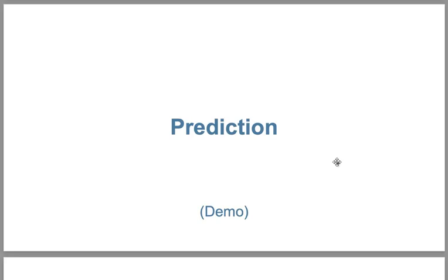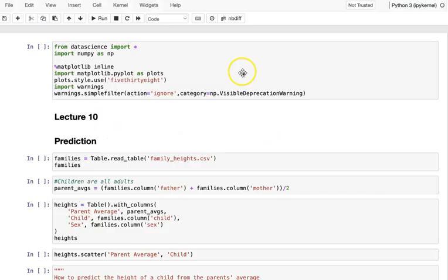And finally, we need to do the prediction. We will talk more about prediction in a future lecture. But now, according to what we already learned, I just want to do a small demo to show you what prediction is. Let's see the example.